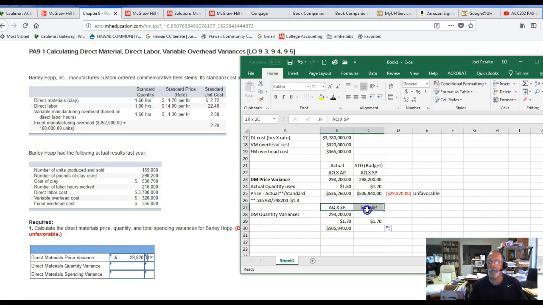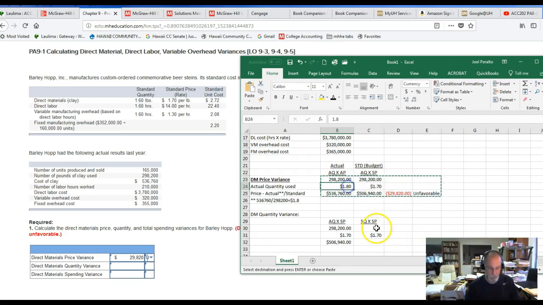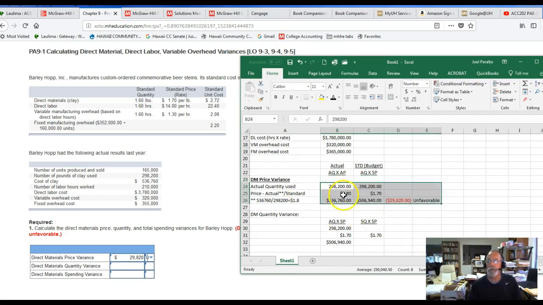I know I'm getting confused here because I got these on the wrong line. This should be moved down here. Okay, actual quantity used, 298.2 times actual price, which is calculated, and standard price, which is given. And the difference between these two totals gives us our price variance.